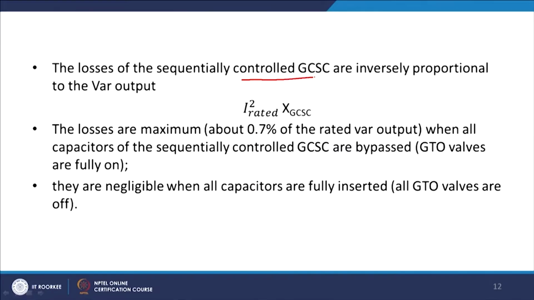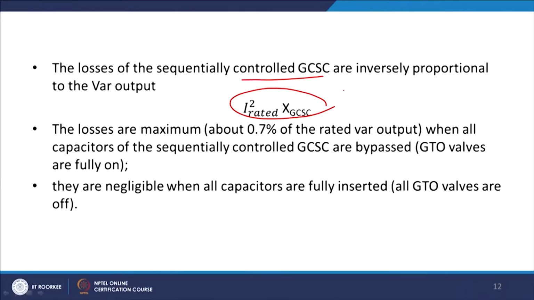So, the loss of the sequentially controlled GCSC is inversely proportional to the VAR output. Since it is dependent on the current rating, it is a current control device. So, it is I square x GC.